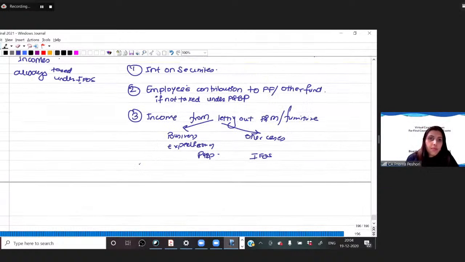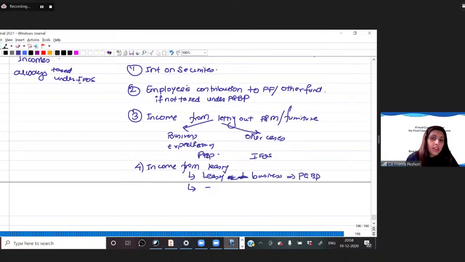Income from leasing. So if leasing is the business of the assessee, then it will be PGBP.